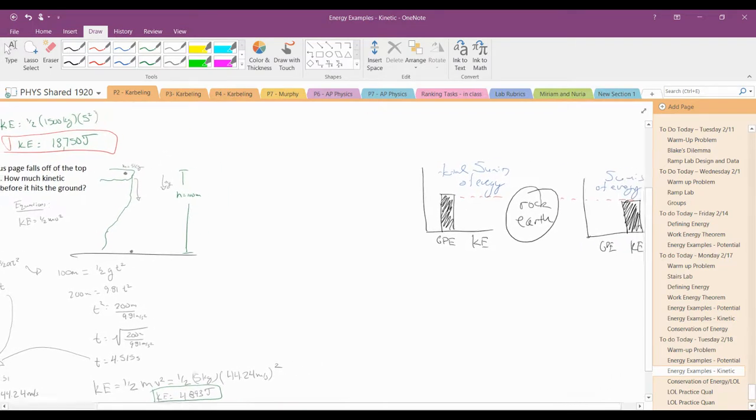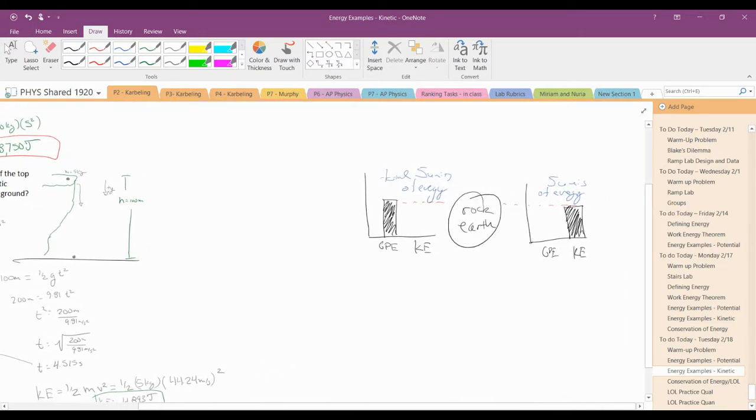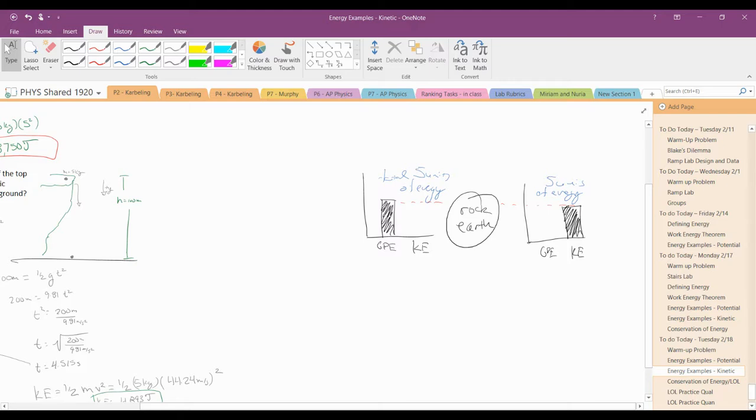So we can look at that with these things called LOL diagrams. Got them just here. So the LOL, and you've got bar charts for your gravitational potential energy and your kinetic energy.